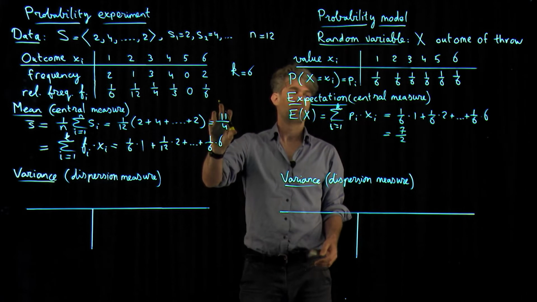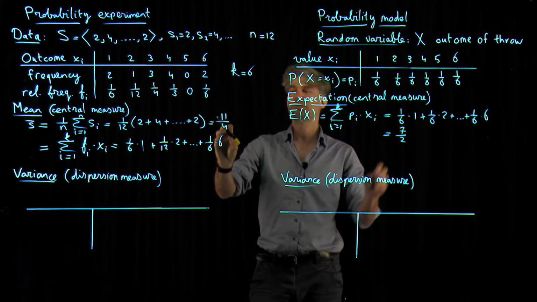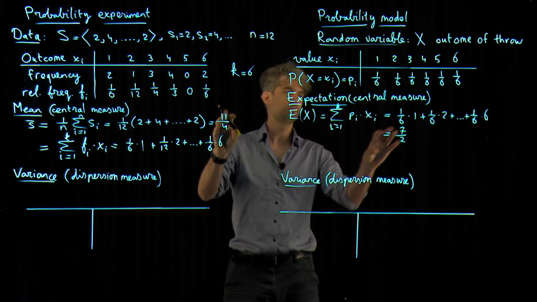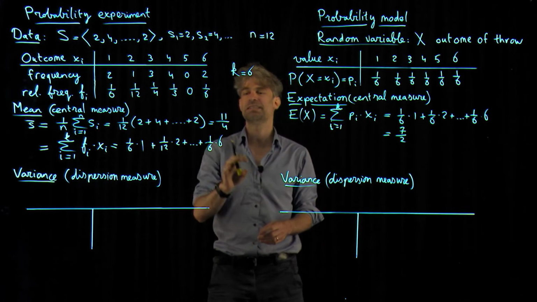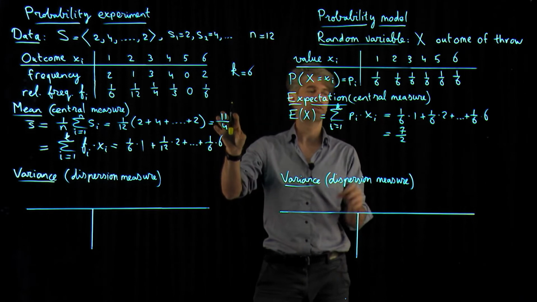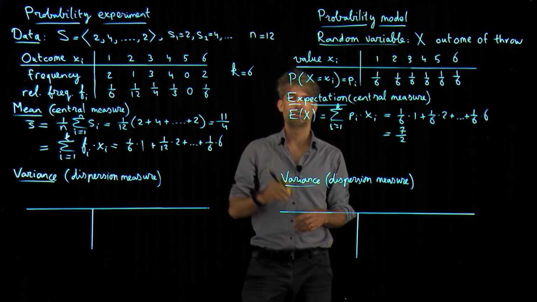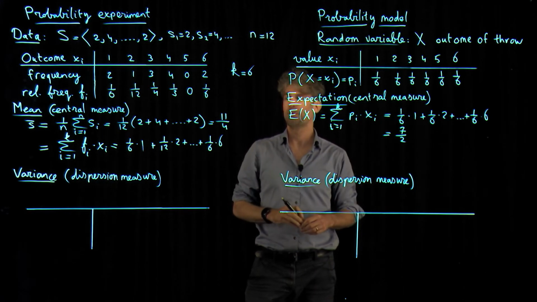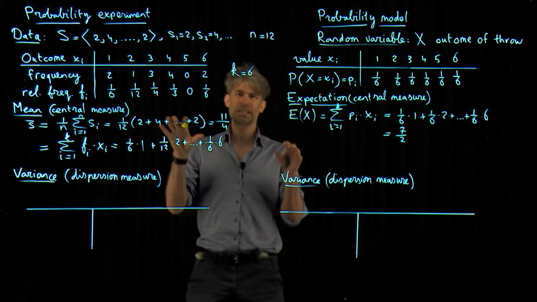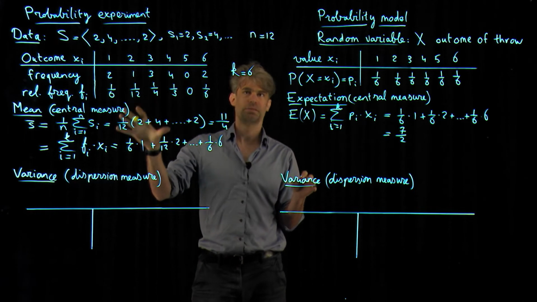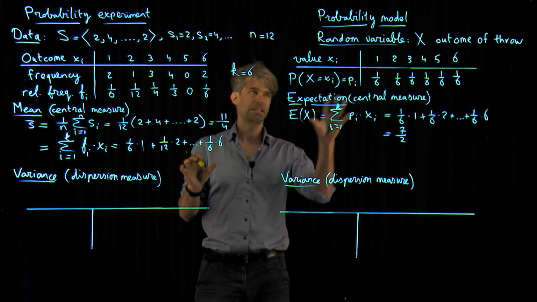So 11 over 4, 7 over 2, well, 14 over 4 would be the same. So you see that this is not yet very close to this, but with higher frequencies, more repetitions, it should approximate this number.